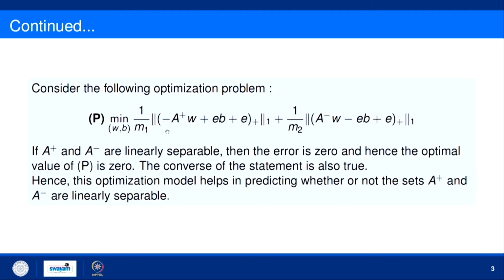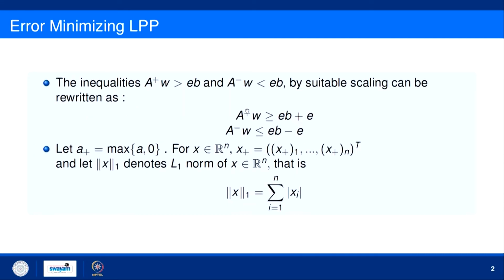See what optimization problem I am taking. Here I take A plus w to the right-hand side, so it becomes minus A plus w plus eb plus e less than or equal to 0.